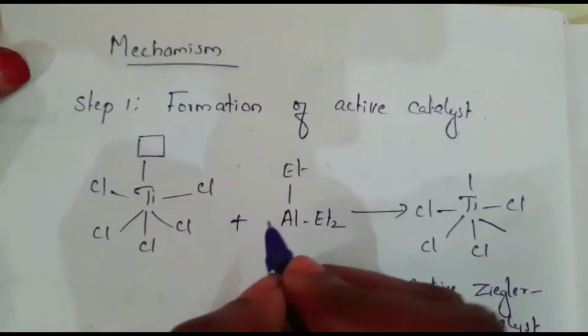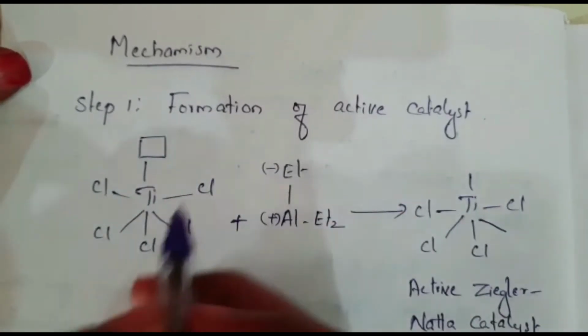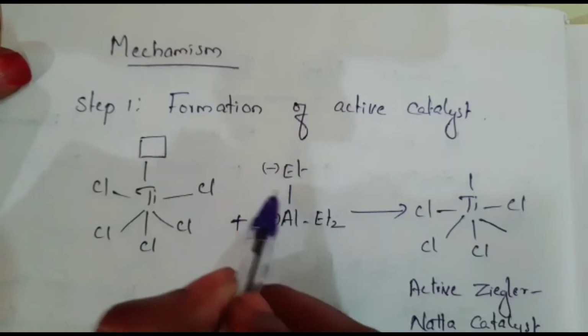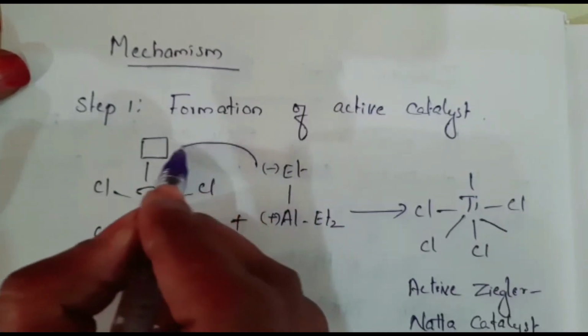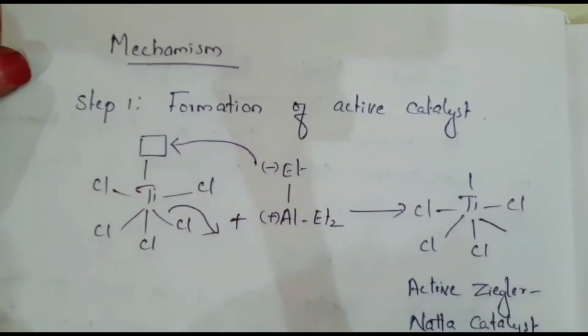Here we know Al has a positive charge and Et has a negative charge. So this ethyl group will shift towards this vacant space and this chlorine atom will move outside.